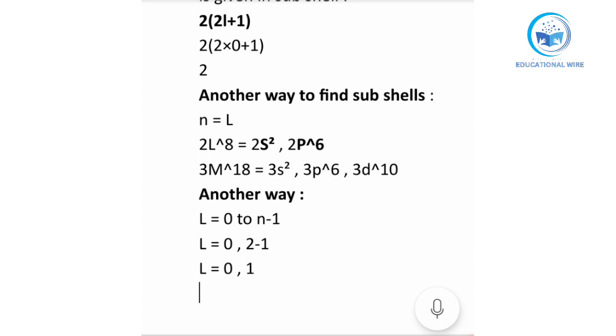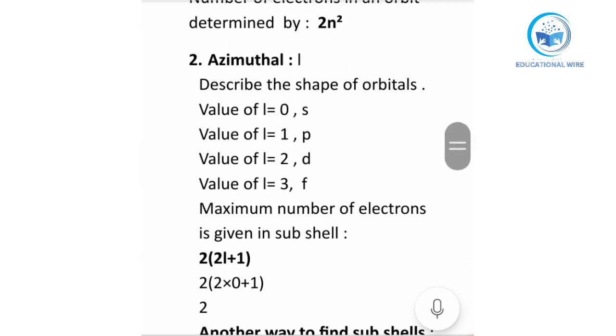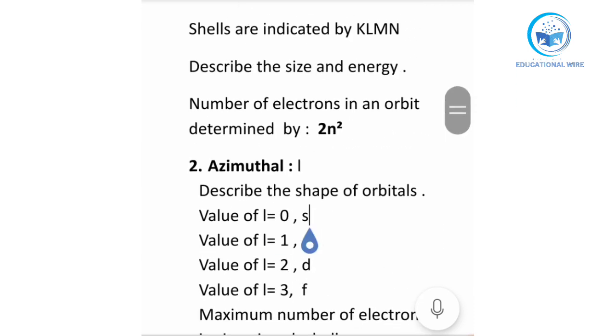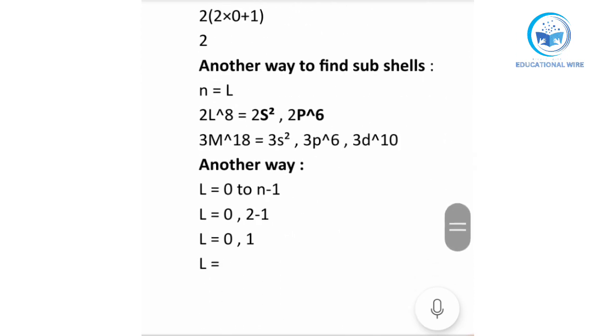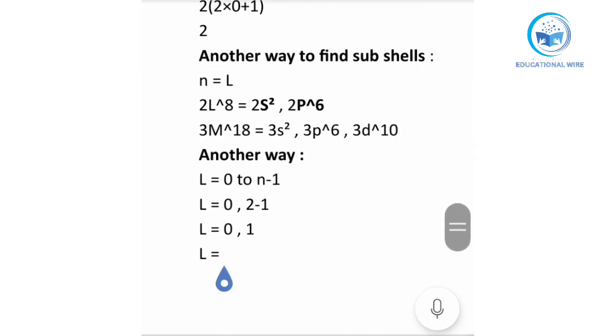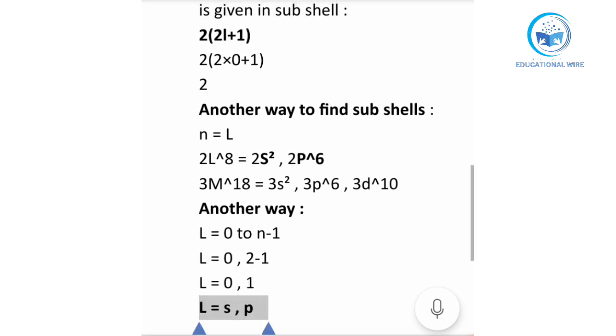These are the subshell values. If l is equal to 0, it is the S subshell, and if l is equal to 1, it is the P subshell. So we exchange the values: l equal to 0 means S, and l equal to 1 means P. This is how we find the subshells of the orbit.